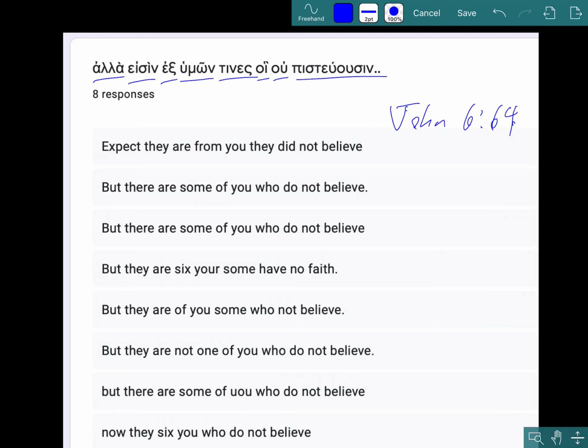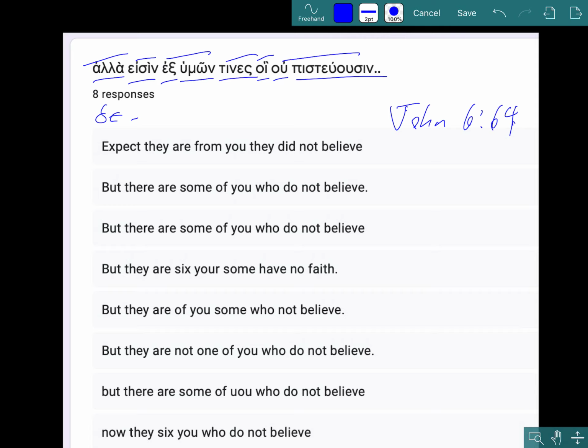And the translation is but, and that's a strong adversative, not the weaker de that could also be and or now, but this is going to be a stronger sense of on the contrary. There are some out of you who do not believe.